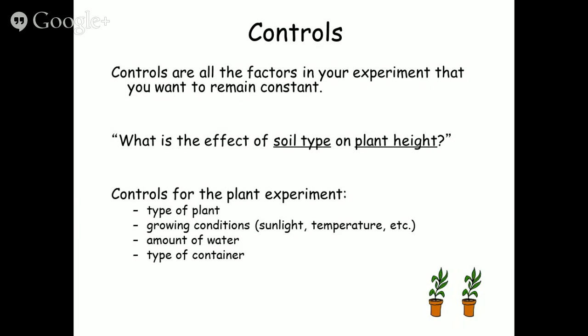You need to make sure that the type of the plant, the growing conditions, the water, the container, those are all exactly the same. That way you have a better reason to think that the growth was based upon the soil type.